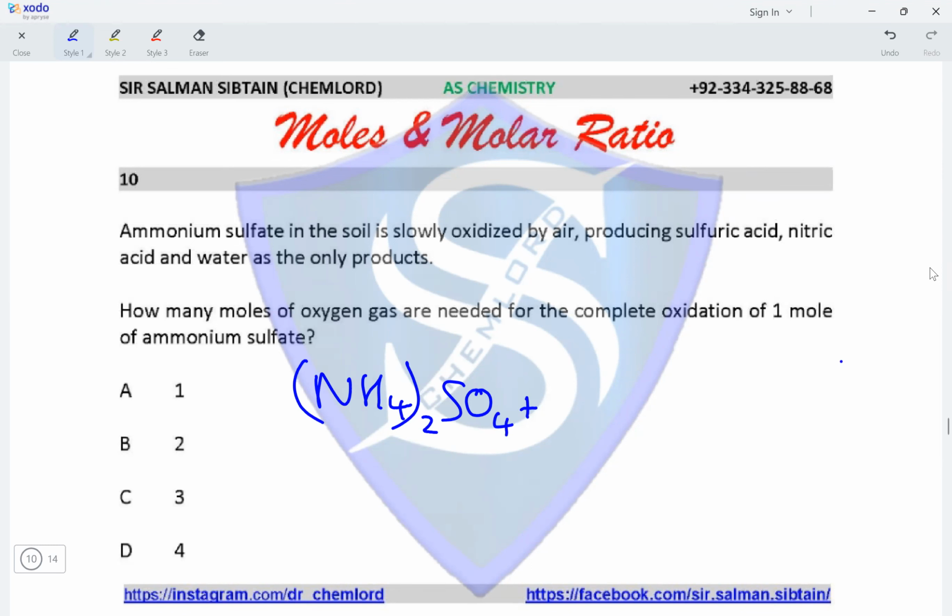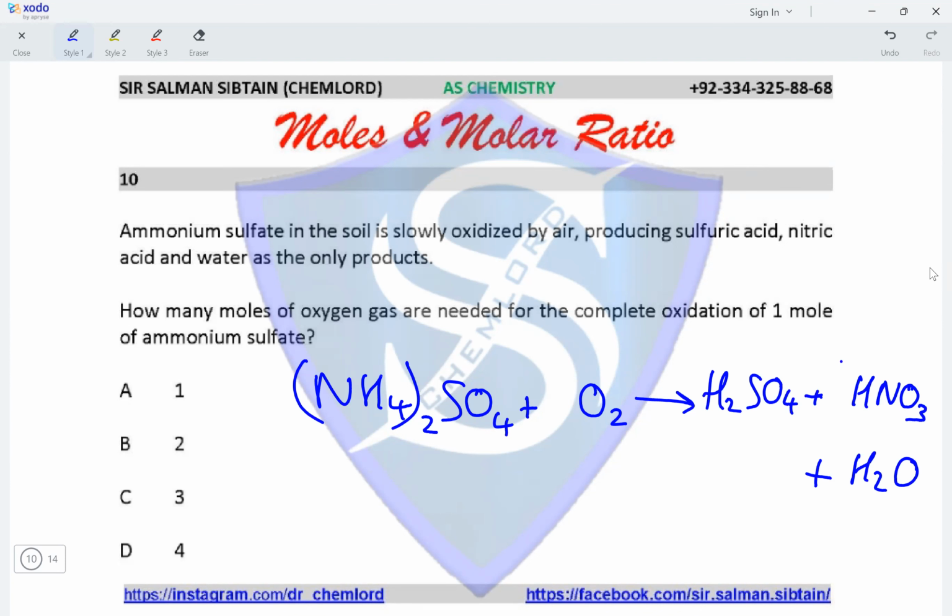This would react with oxygen, the moles of which need to be calculated, to produce sulfuric acid, H2SO4, nitric acid, HNO3, and water, H2O.